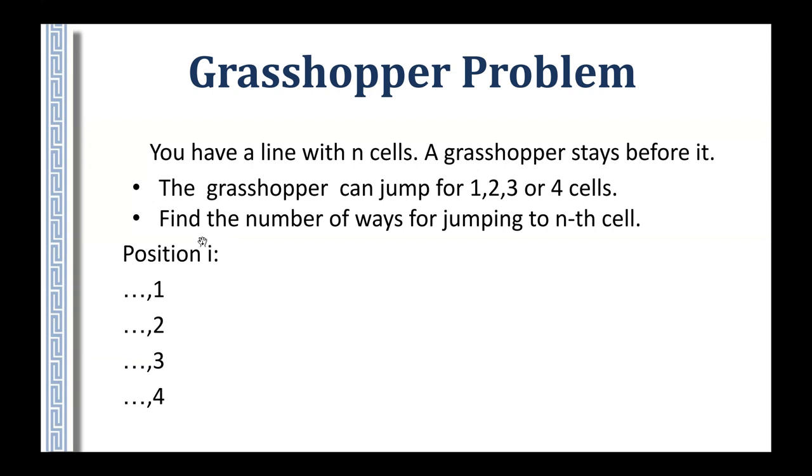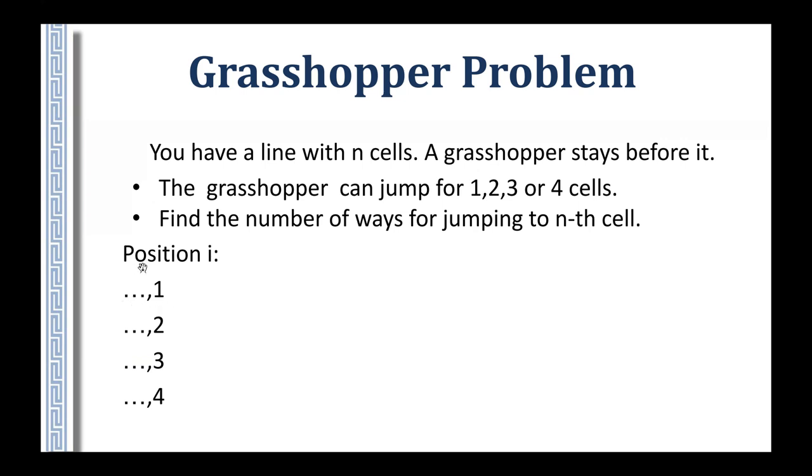Okay, let's look at all ways to come to position i. All these ways differ at least in the last jump. It can be 1, 2, 3, or 4. We can split all ways into 4 groups.